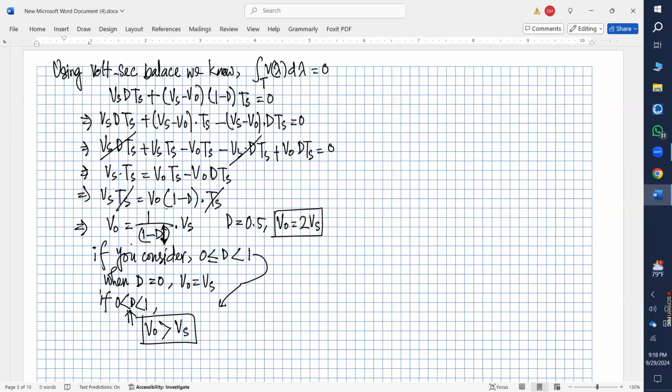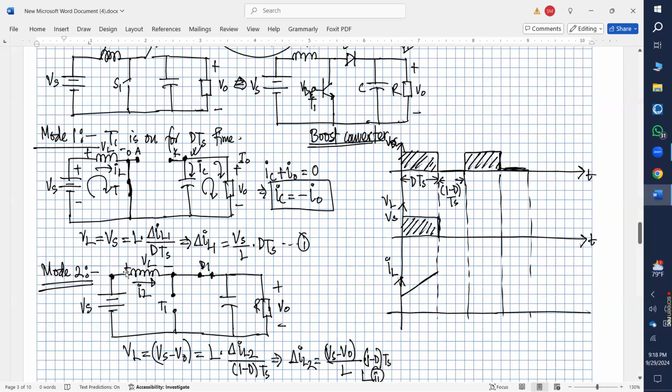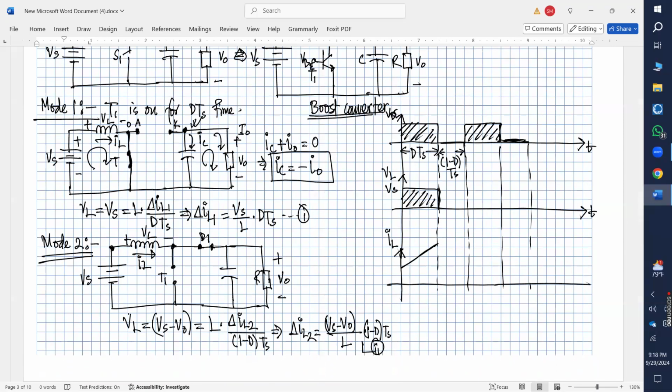So that's why this is known as boost operation, and the converter that we discussed here is a boost converter. Now, one more thing. If your V naught is greater than Vs, should this value be positive or negative?